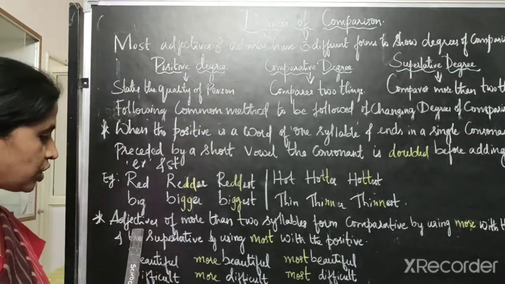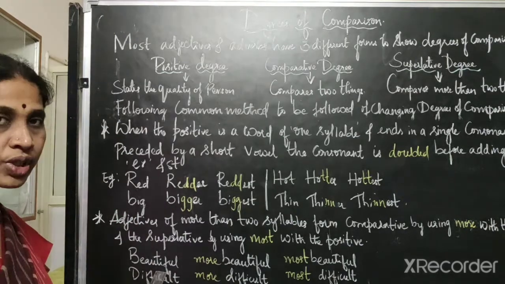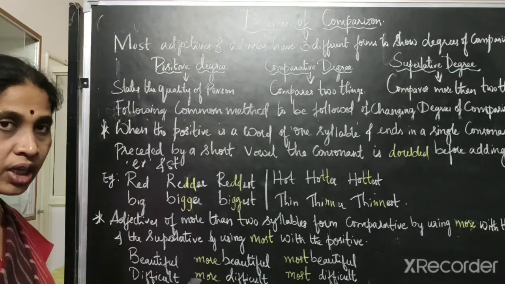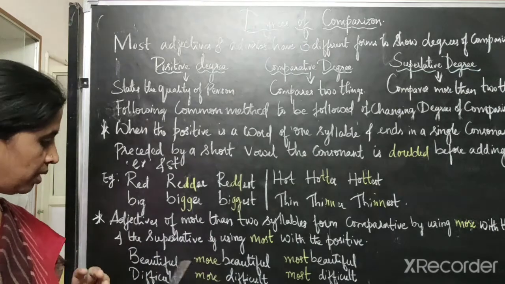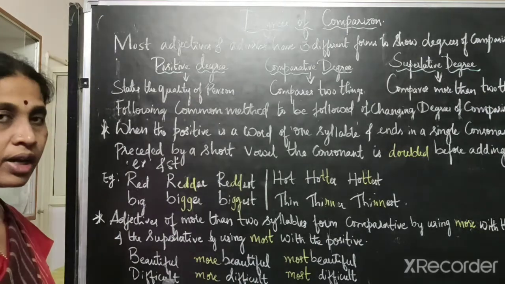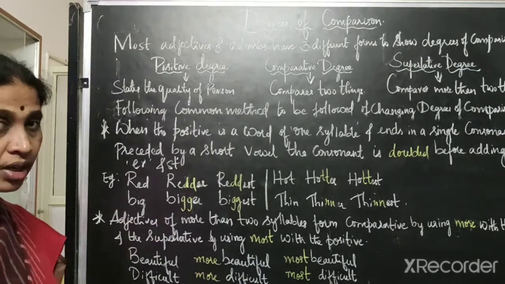So if the adjective has more than 2 syllables, for example beautiful, it has 3 syllables. Similarly, difficult also has 3 syllables.